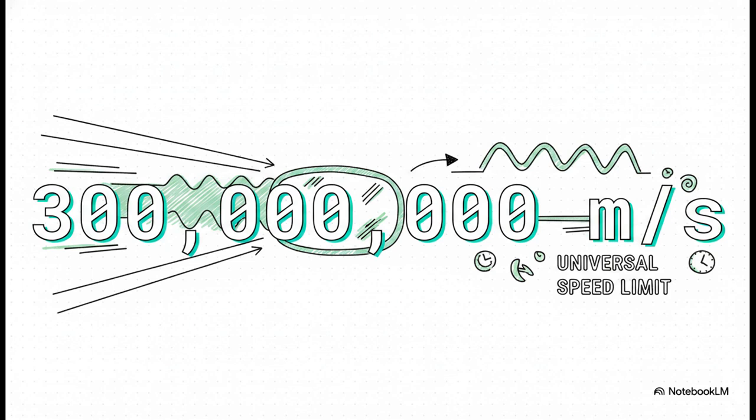That is literally the universal speed limit. But here's where the optician's job actually begins. Light only travels in those perfectly straight, uninterrupted lines when it's in a homogeneous medium. When we deliberately introduce a new material into light's path, like, say, the transparent glass of a spectacle lens, we intentionally force that light to slow down. And when light slows down, its path changes.